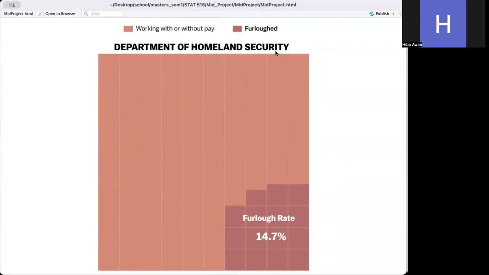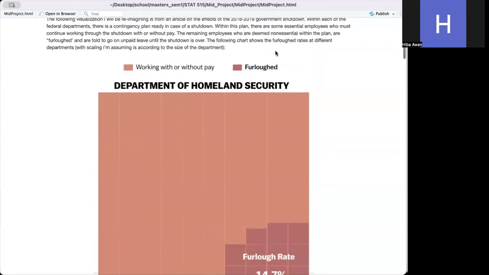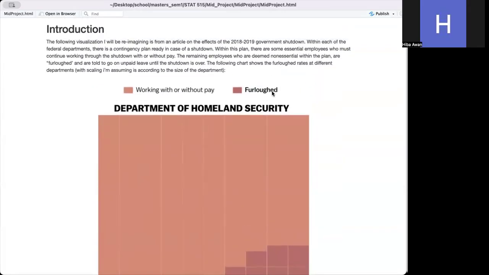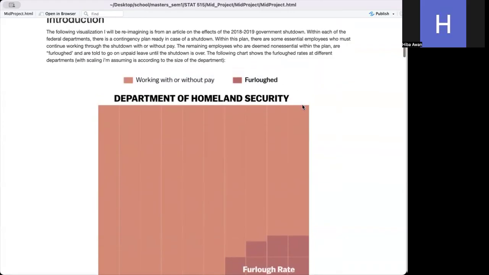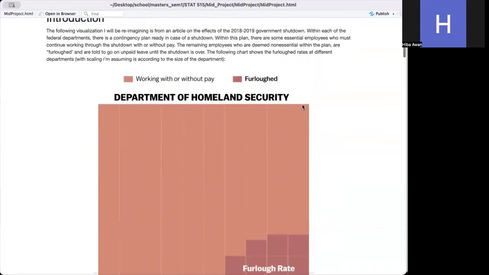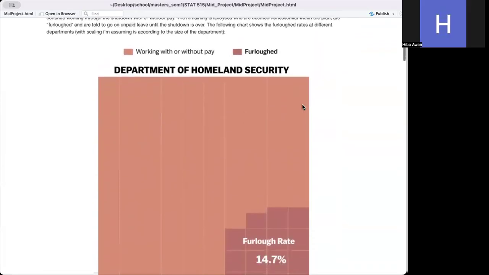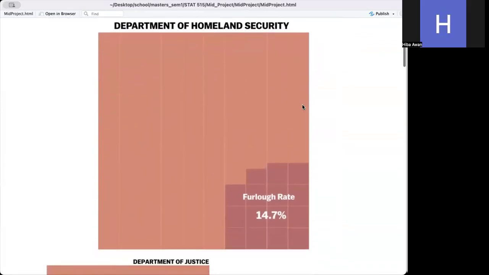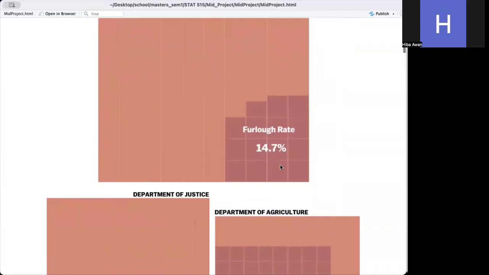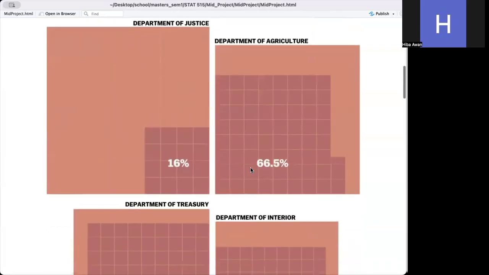And then the rest are usually sent home on unpaid leave, which is considered furloughed. So this chart shows all the departments and their furlough rates.